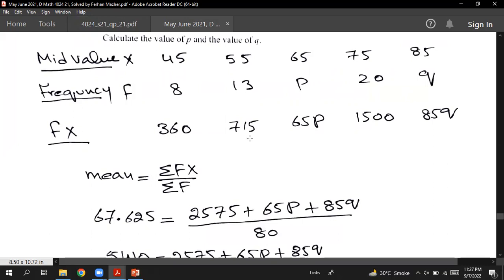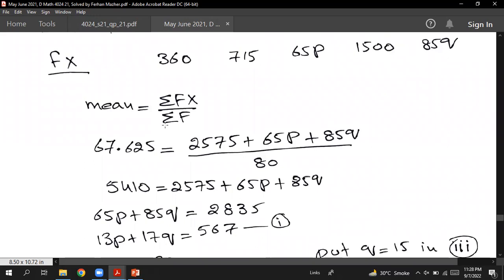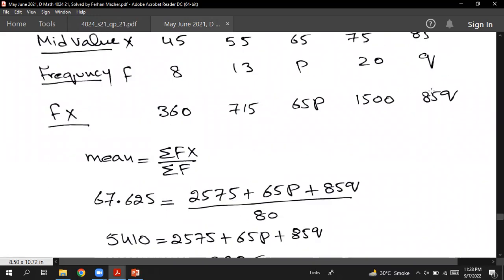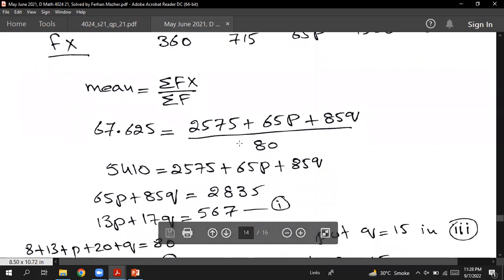So you have 360, 715, 65p, 1500, and 85q. So the mean is summation fx divided by summation f. When you add the fx, you get 2575 plus 65p plus 85q, and summation f is 80, so divided by 80.